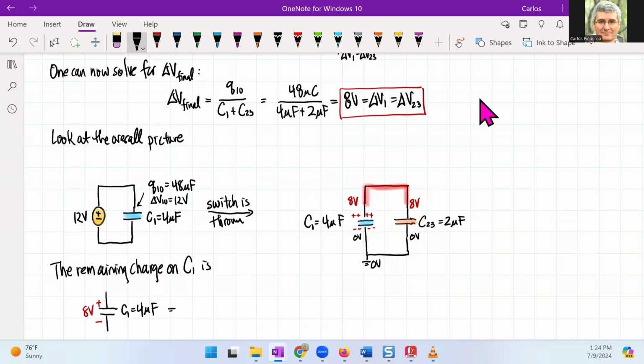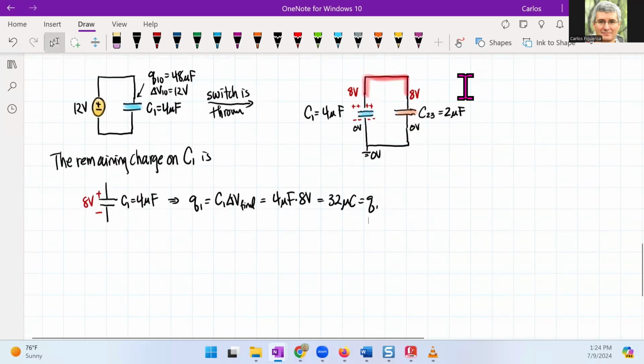According to the capacitance equation, the charge that remains is the capacitance times this final voltage, so 4 microfarads times 8 volts gives me 32 microcoulombs for the remaining charge.